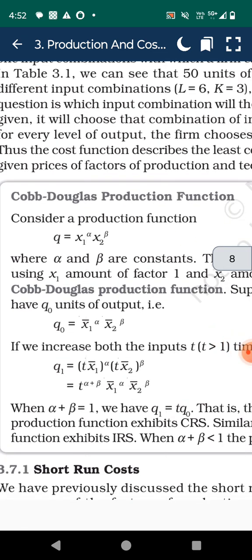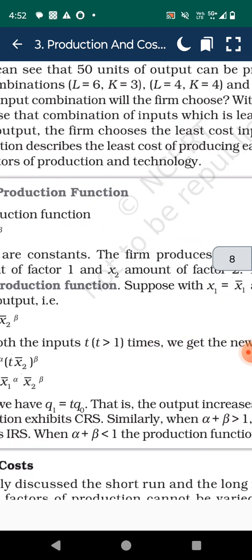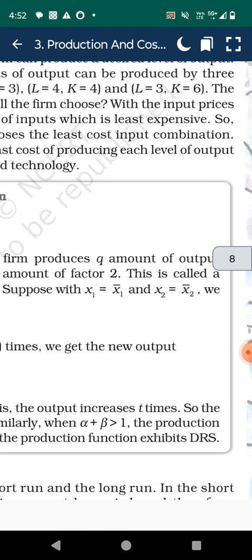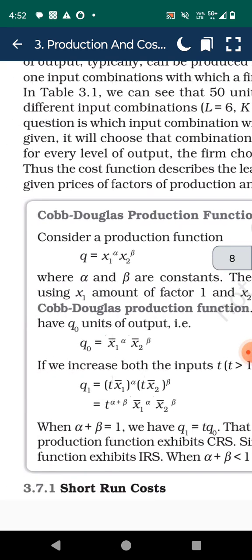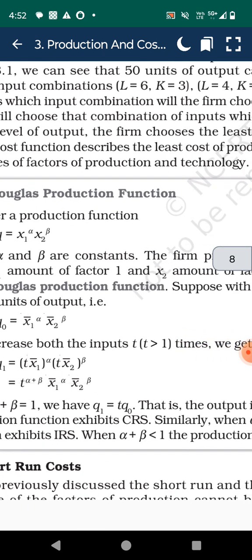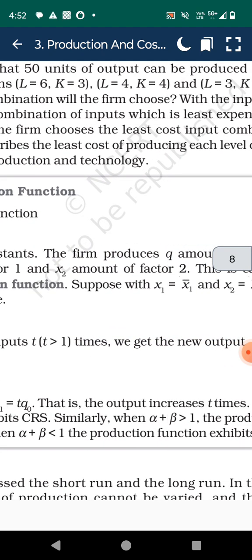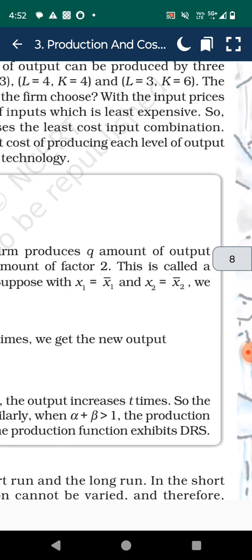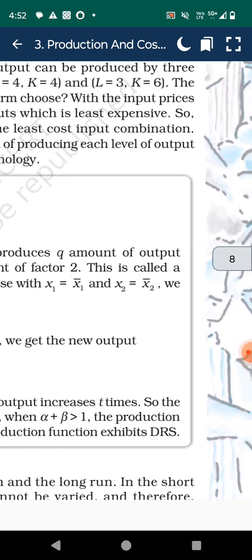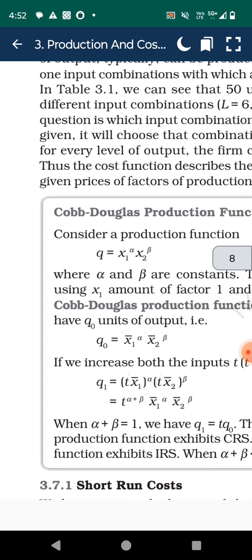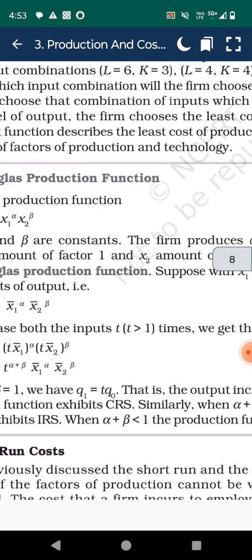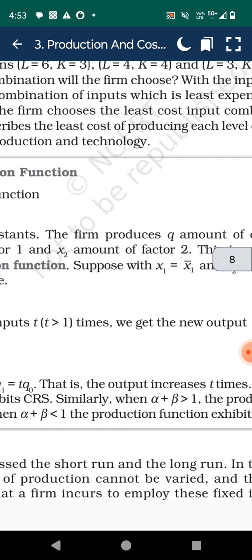In table 3.1 we can see that 15 units of output can be produced by three different input combinations: L equal to 6, K equal to 3; L equal to 4 and K equal to 4; and L equal to 3, K equal to 6. The question is which input combination the firm will choose.